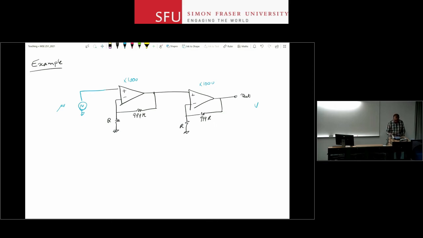So let's assume that V offset, you chose a relatively good op-amp, and it has an offset of only 1 millivolt. Right? So you go and add this op-amp to your circuit, and then that should make it clear very quickly what is going on and what is causing the problem.